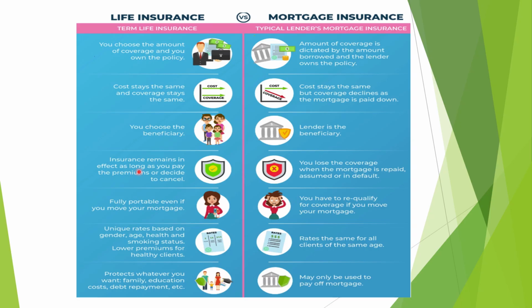So it's better to take life insurance as early as possible, so you will be covered and can protect your family. So always take life insurance over mortgage insurance, is my personal suggestion.